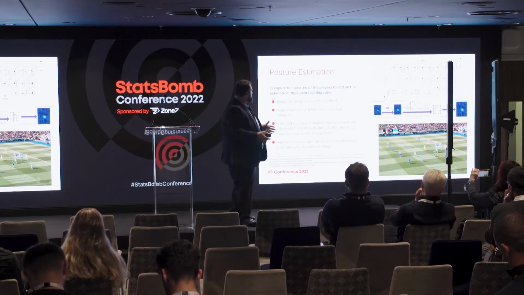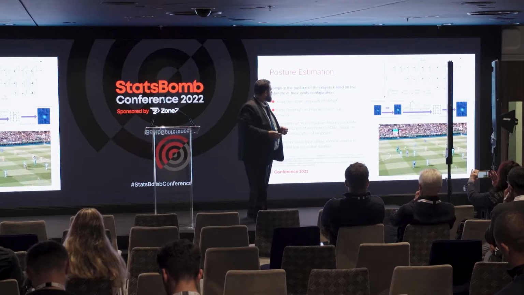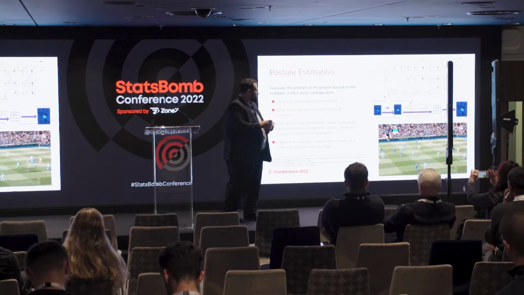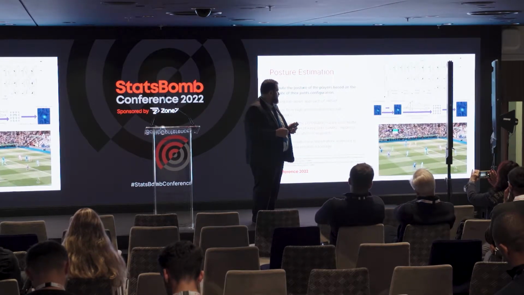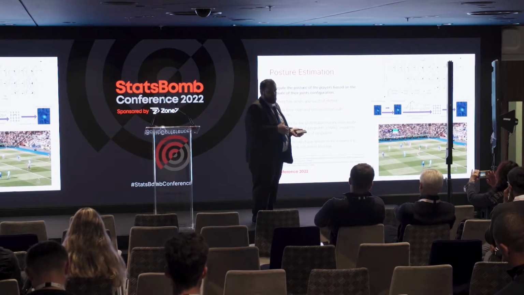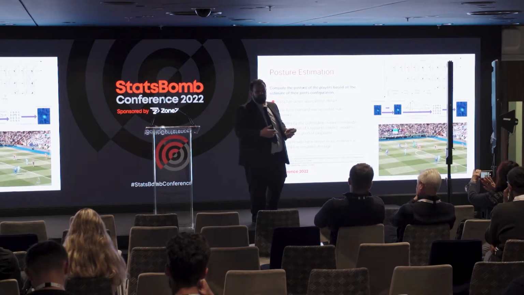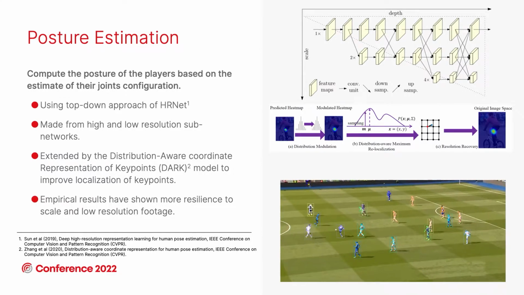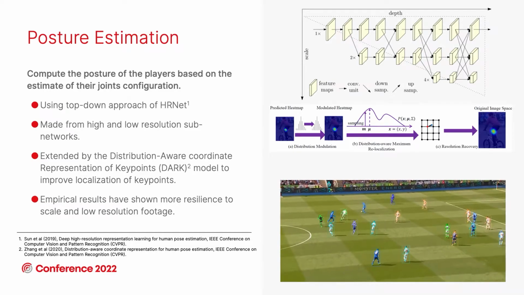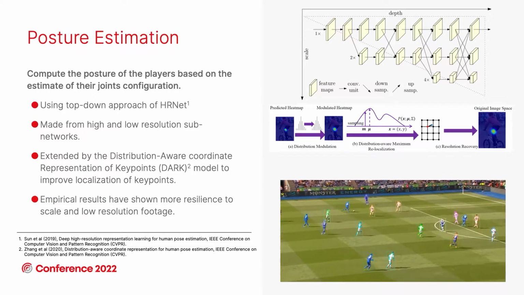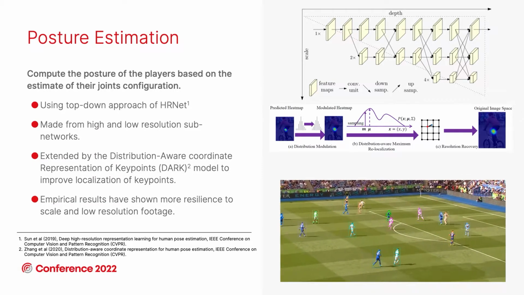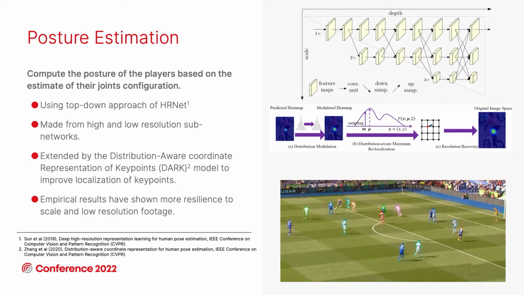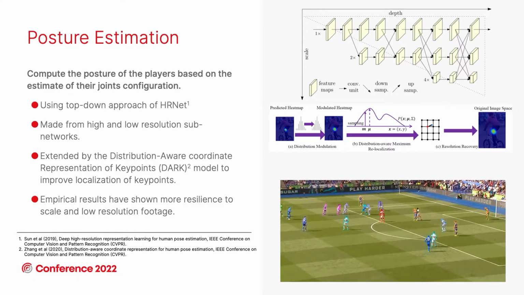So now going into posture estimation. Posture estimation is actually quite interesting, especially in this sort of application. It makes it really hard because when we want to predict the posture of somebody, we tend to have a very close-up of the human being, where we can see clearly their body parts and how they're standing, which makes it a lot easier.